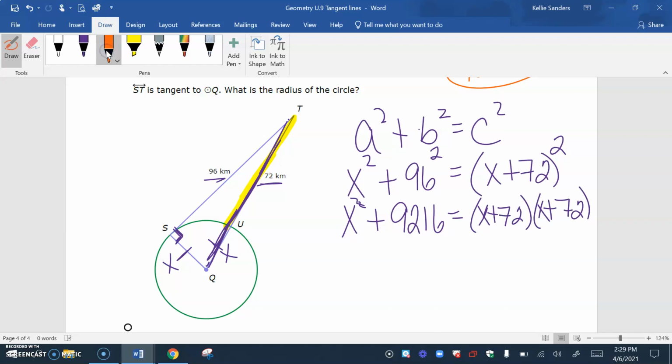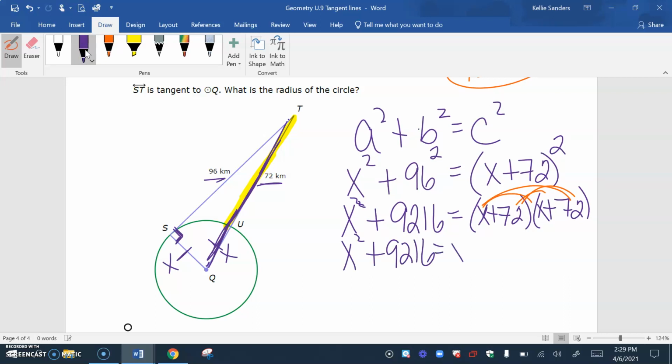Then you're going to have to distribute x to both, 72 to both. X squared plus 9216 equals x squared plus 72x plus 72x plus 72 times 72 is 5184.